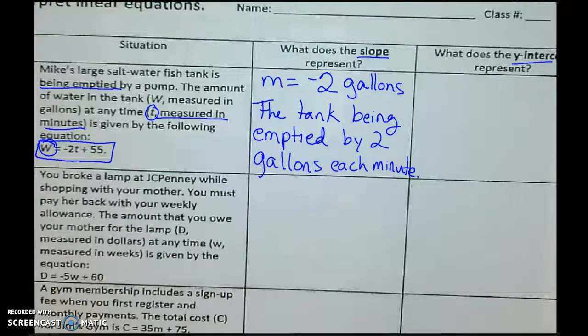Now, our slope is a negative. I don't have to put a negative on my 2 in my explanation because when I talk about emptying, that's showing going down, which represents a negative.